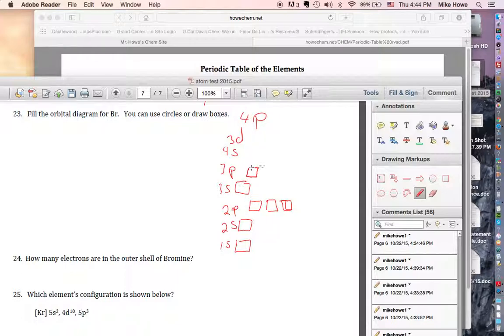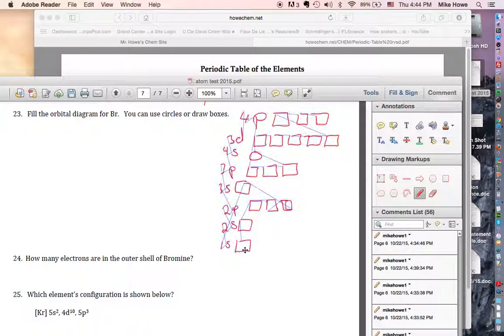Putting the boxes in: 1, 2, 3. A D would have 5 boxes, and then the P will have 3 boxes. Okay, these are all the orbitals. So put the electrons in.